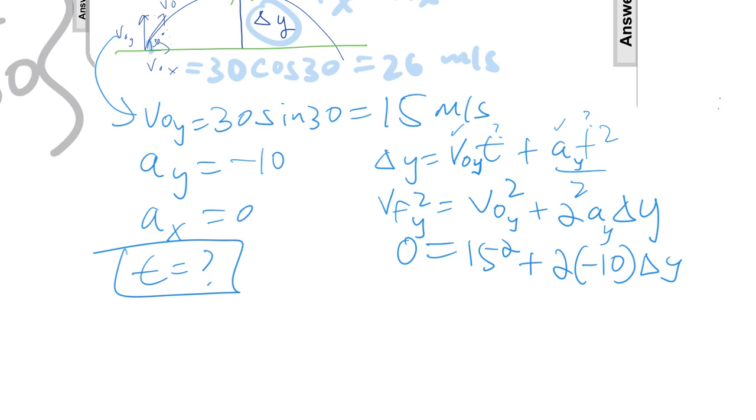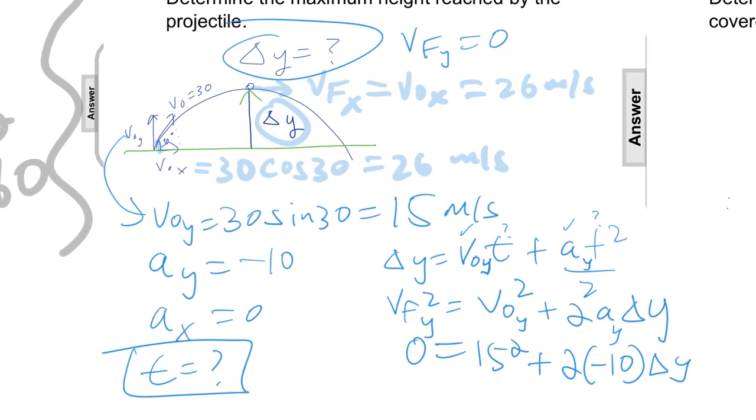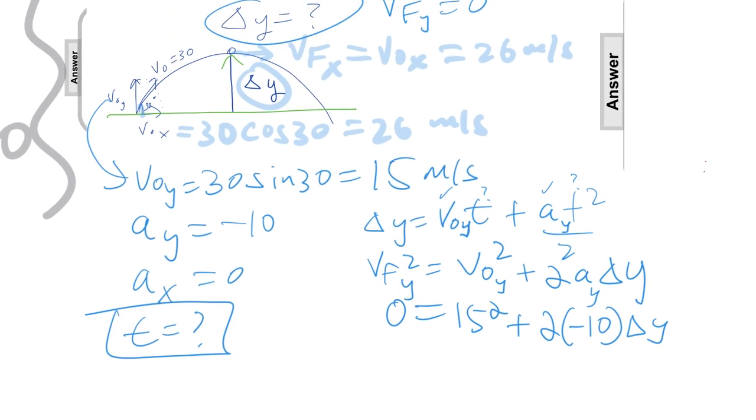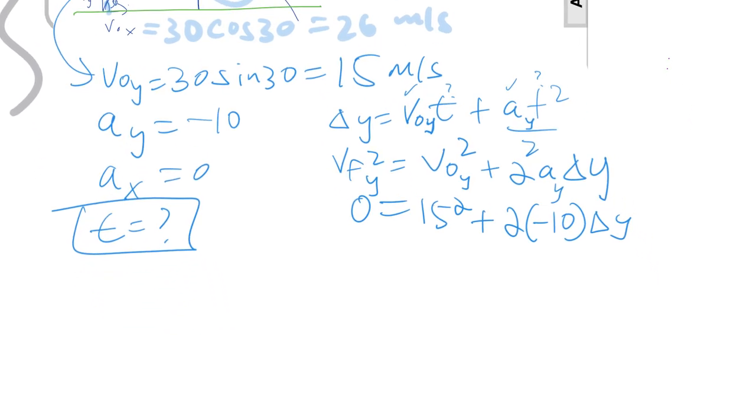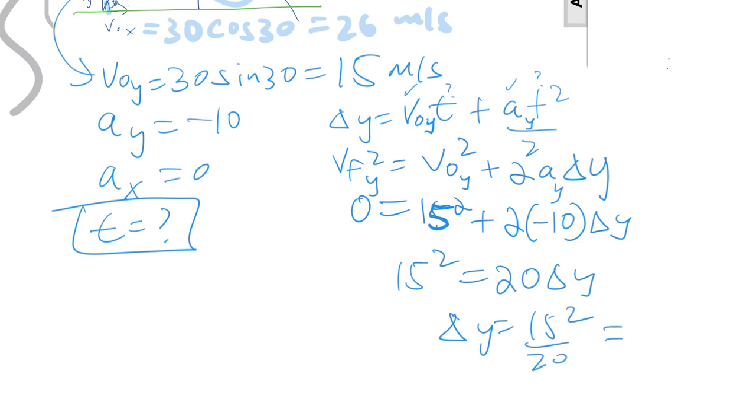So my idea that you gotta find the time is not always true. Okay, sorry about that. So 15 squared equals 20 delta y, so delta y equals 15 squared over 20, which equals 11.3.